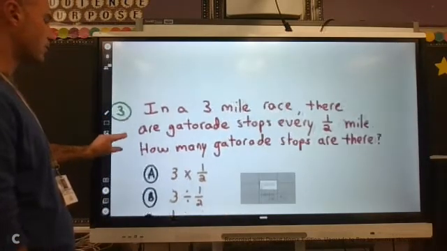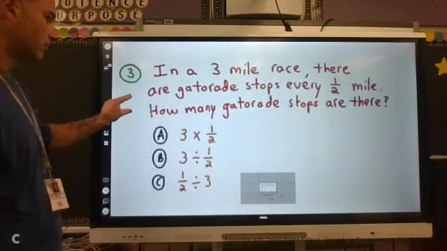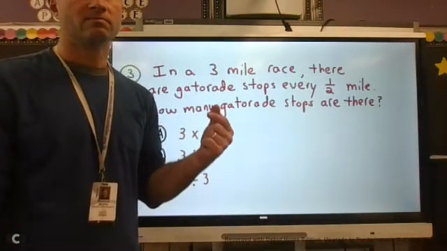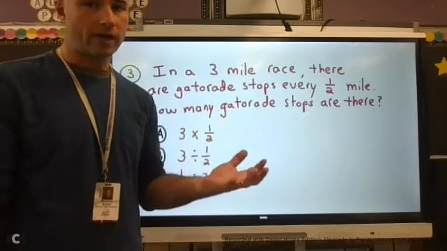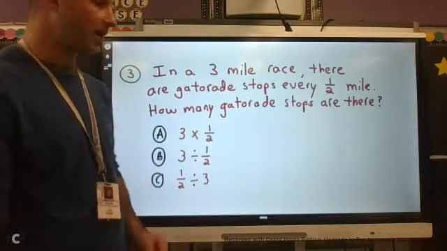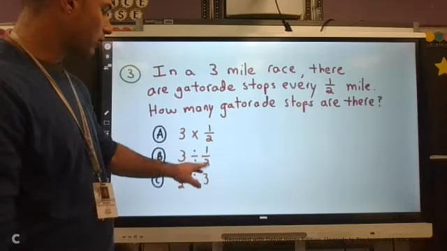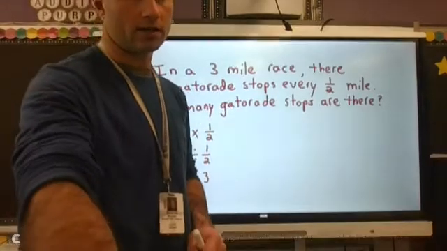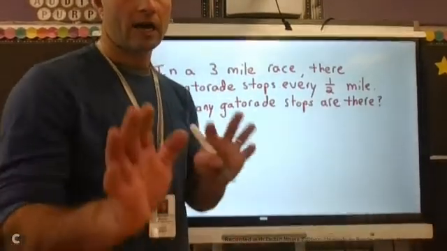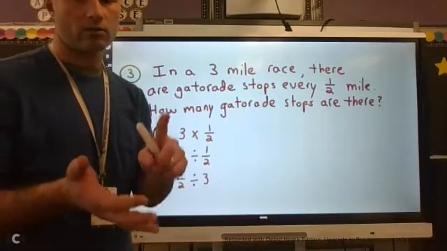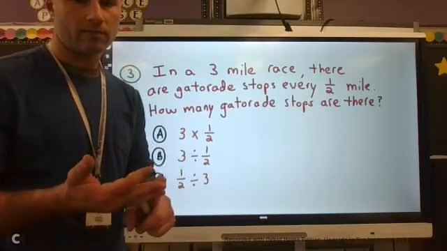Remember, the first step you want to figure out here is whether you are multiplying or dividing. And if you're dividing, what are you dividing by? Are you dividing by the half, or are you dividing by the whole? I'm going to pause. I'm going to have you just determine right now what you are doing: multiplying, dividing, and what you're dividing by.